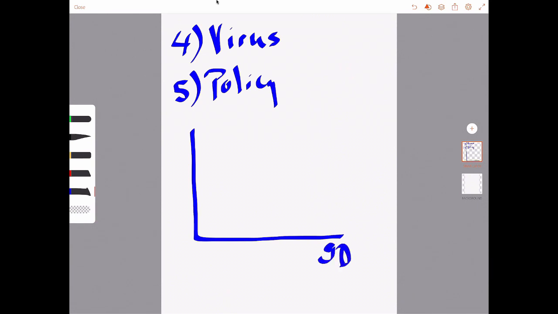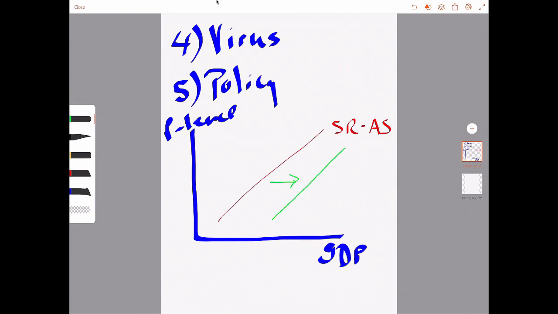So again, we have GDP on our horizontal axis, we have price level up here. And if we have our short-run aggregate supply curve, and we experience a supply shock that's good for business, it would shift the curve to the right.